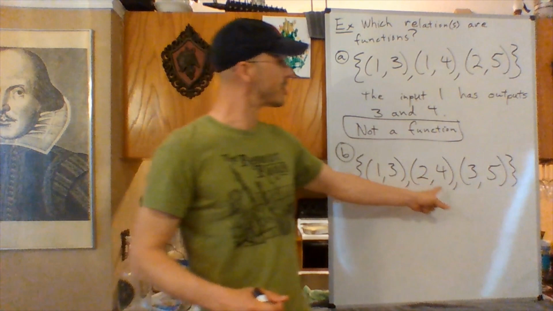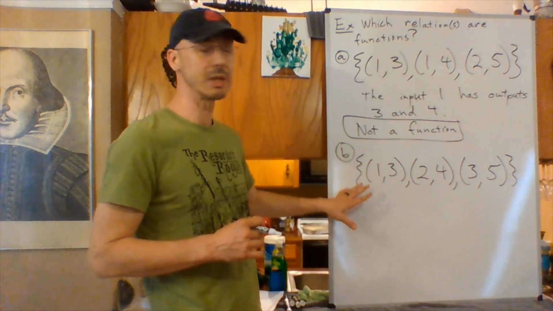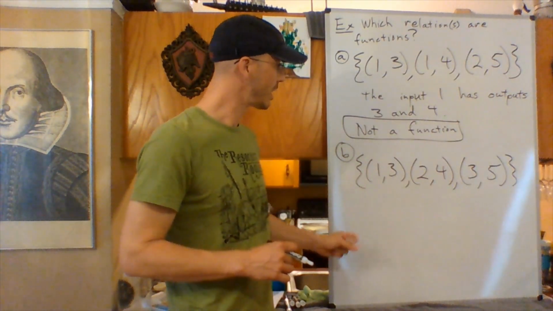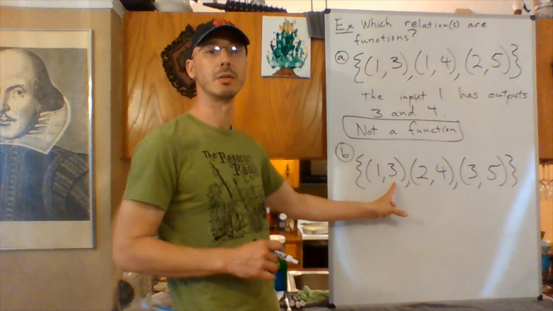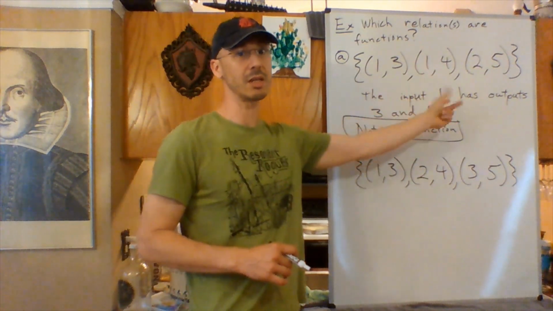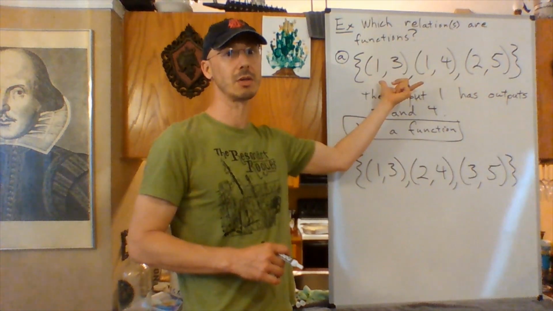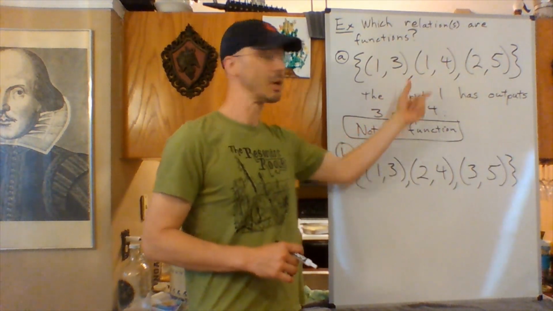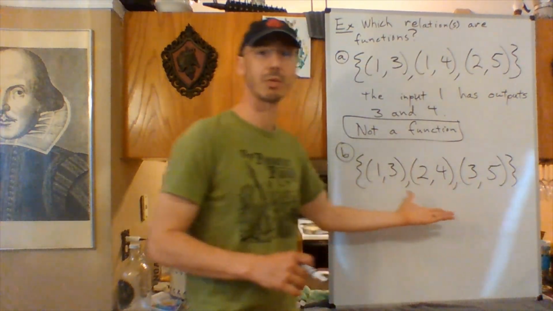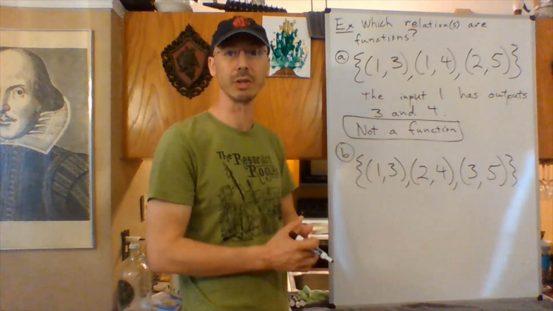It does have the same range, 3, 4, and 5, but the important thing about it for us, and what makes it a function, is that each input, 1, 2, and 3, has a single output. Now you can spot the difference quickly if you just look at this list and see that two of them have the same first coordinate, the same input, different outputs. But this list, there's no repeats in the first coordinate. They're all different. So none of them has more than one output.